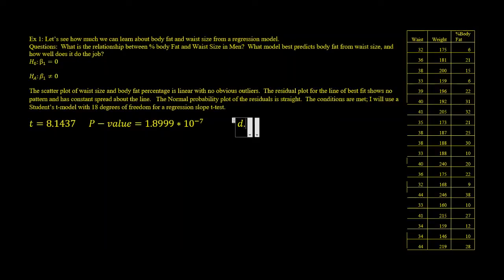And we have 18 degrees of freedom. We'll go ahead and list our R squared and R. So R squared is 0.7865. So 78.65% of the variation in body fat percentage is accounted for by the waist size. R equals 0.887.